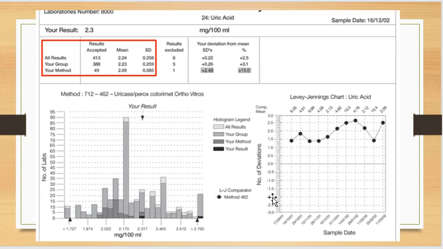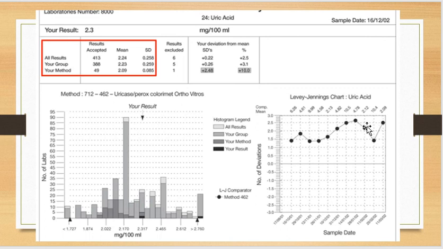If you compare here, this is also the Levey-Jennings. This is the performance of the test previously, and then this is the mean, and then 1SD, and then you cannot see, this is 2SD, okay? This is 1SD, and then this is 2SD.